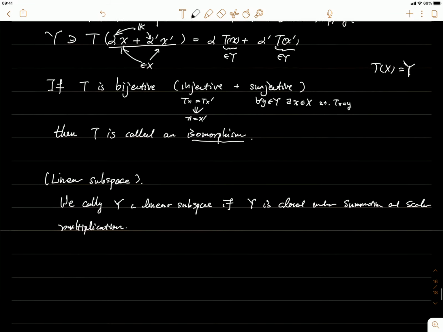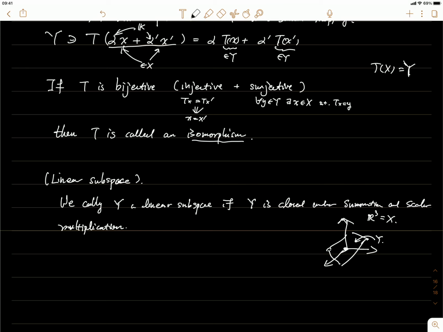You know that the geometric meaning is pretty straightforward. Say, for example, we have X equals R3 and Y equals some plane passing through the origin. This is R3, which is my X. And if we have a hyperplane, or plane, passing through the origin like this, then we can call this plane Y, and it will be a linear subspace because it's closed under summation and scalar multiplication.